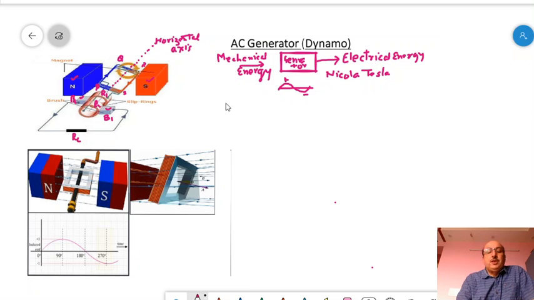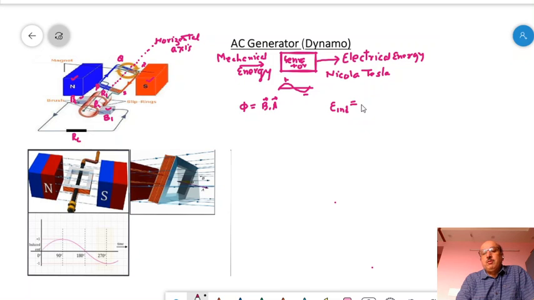Now, the next point is the principle. The principle behind the generator is Faraday's law of electromagnetic induction: if the flux, that is B dot A, changes with respect to time, then it will produce induced EMF.